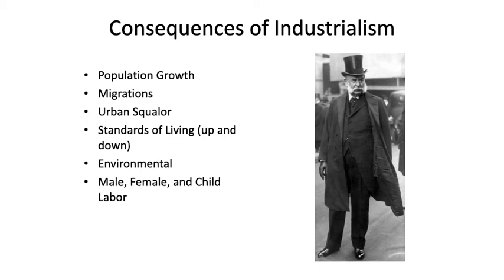Males and females and children, they did labor before industrialism. So it's not as if men, women, and children working is a consequence. It's what their work life was like. Control, how long, punishments that were meted out before and after industrialization, right? There is punishment in the pre-industrial world, but it may not look like the punishment after that.